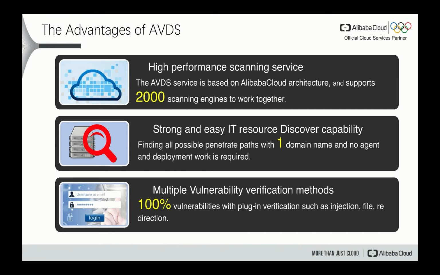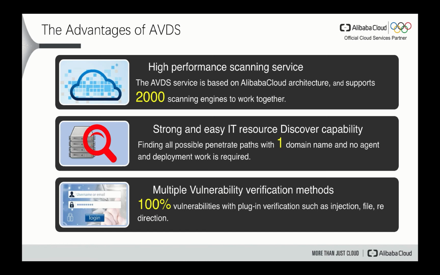So you will have these advantages after you deploy the AVDS service. It's a high performance scanning service, and we have massive backend nodes to do the scanning at the same time, right? There are even more than 2,000 scanning engines working together to make the scan even faster.